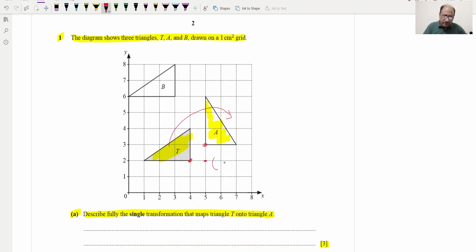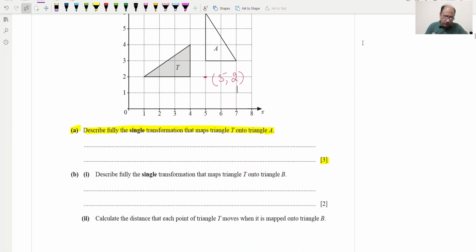So this is the center of rotation, which we can write as 5 and 2, and this rest of the working I'll erase, that is rough working.